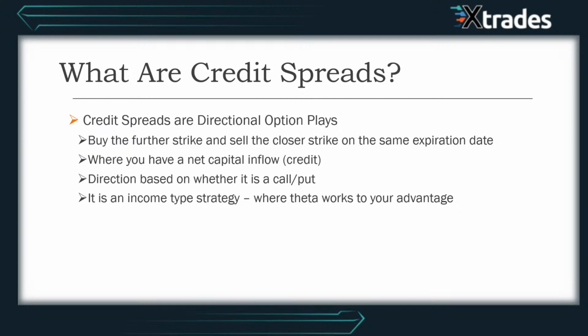So you want the stock to increase or to stay flat, either or. I kind of consider it an income type strategy, and that's because theta works to our advantage in this case. As time passes, the amount of total premium that we have collected will generally increase.